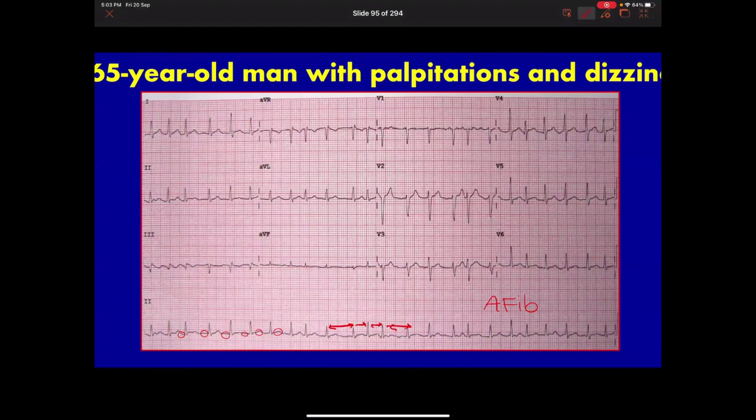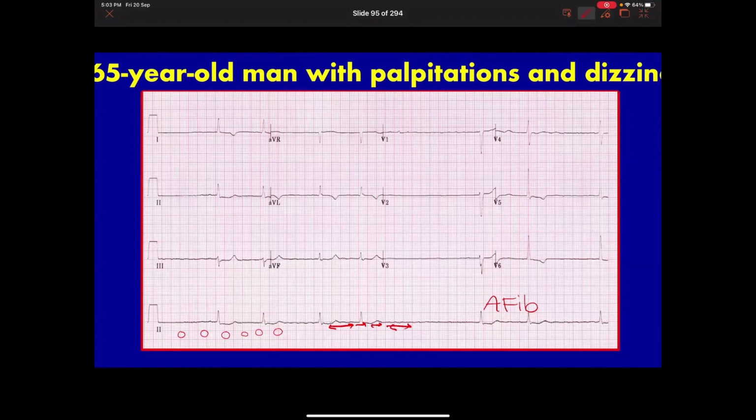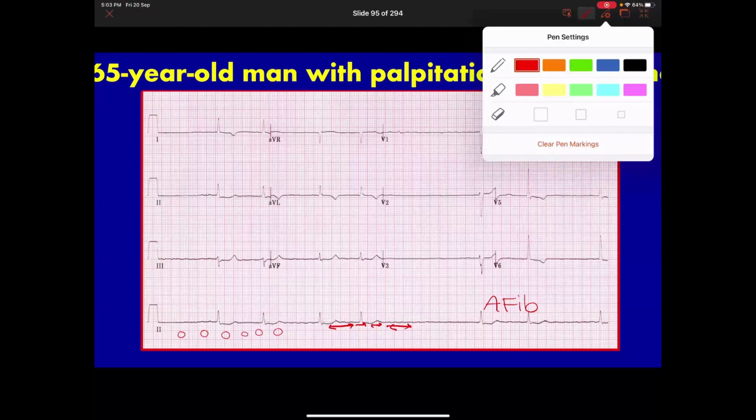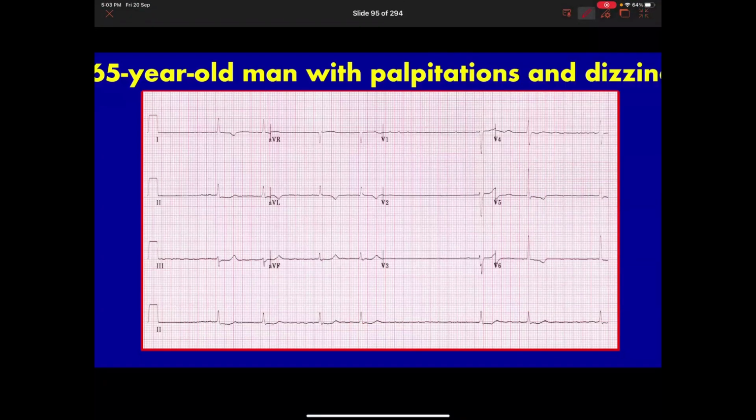The key word to remembering AFib, or you tell me, what's this one as well? Do you see any P waves? No, exactly. There are no P waves, you just see squiggles. So this is also AFib, or atrial fibrillation.